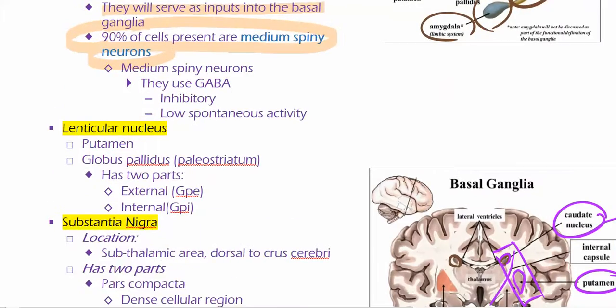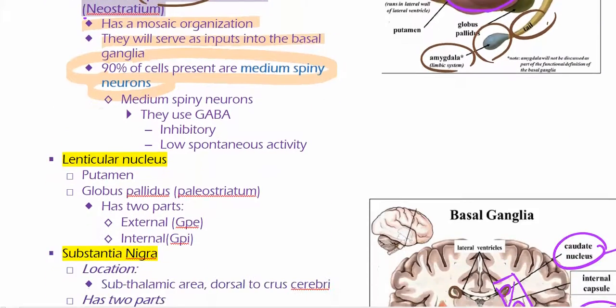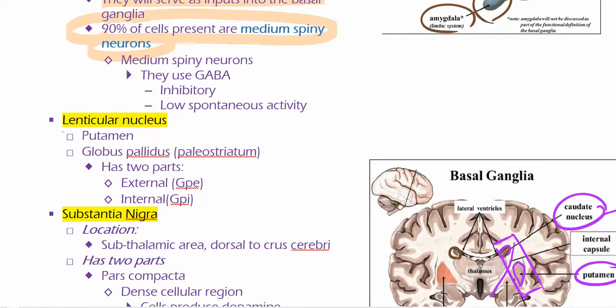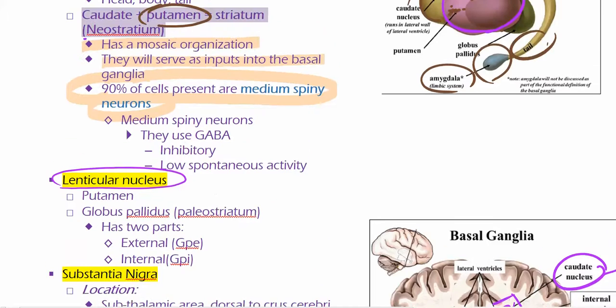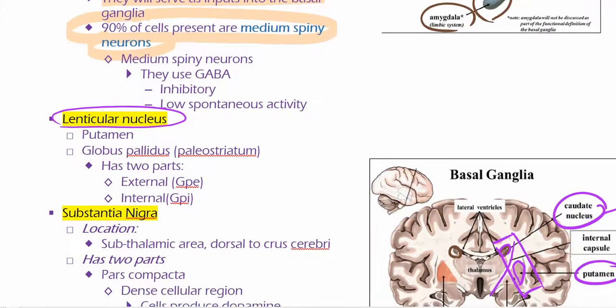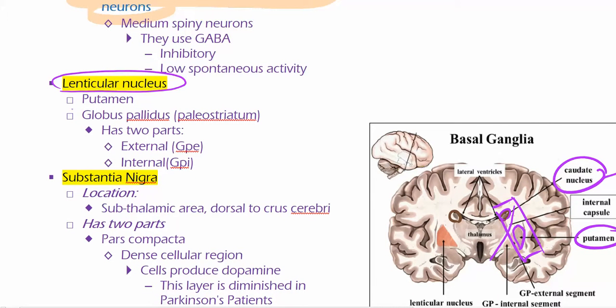Okay, so we talked about the caudate nucleus and striatum. Now we're talking about the lenticular nucleus. The lenticular nucleus is composed of the putamen and the globus pallidus. We saw putamen with the striatum: the caudate nucleus and the putamen was the striatum.